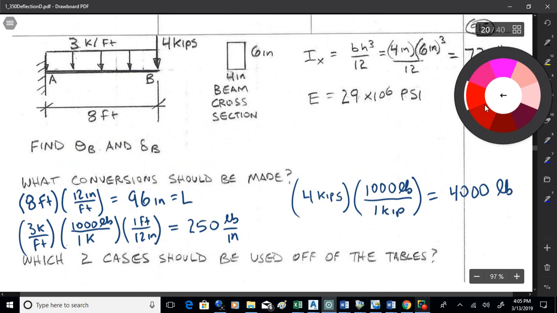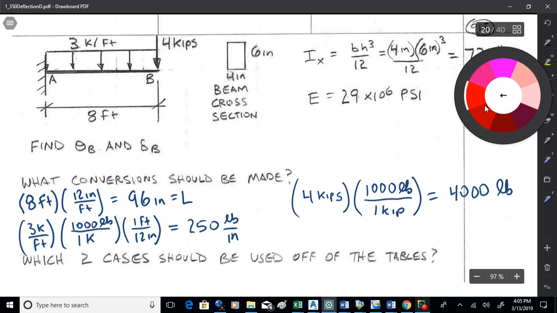So that 4 kip load at the end is 4,000 pounds. And then I've got 3 kips per foot, which is 3,000 pounds per foot, and a foot is 12 inches. So that comes out to be 250 pounds per inch. All right. So before I get into any of this stuff, I want to be sure that I've got the proper units set up.